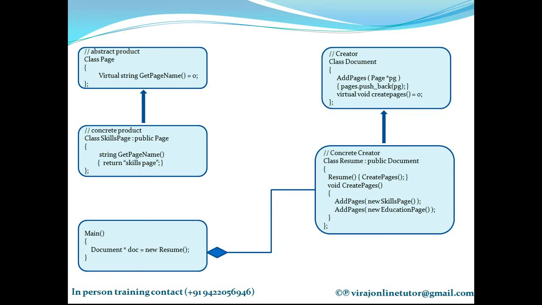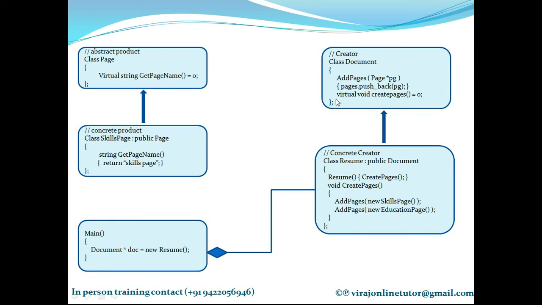Okay, so is this clear? I'm just going to brief this again. I have an abstract product called class page, which is just the abstract product. Then I have a concrete product called skills page. You can again have another concrete product called education page, inheriting from page again. Then I have a creator class, which is an abstract creator.